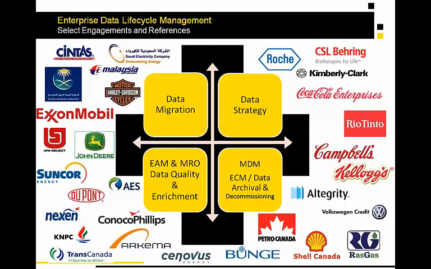We've combined both of those quadrants in the discussion today, bringing Utopia's rich expertise in asset information and maintenance, repair, and overhaul into the master data management world to talk about lifecycle management of asset information.